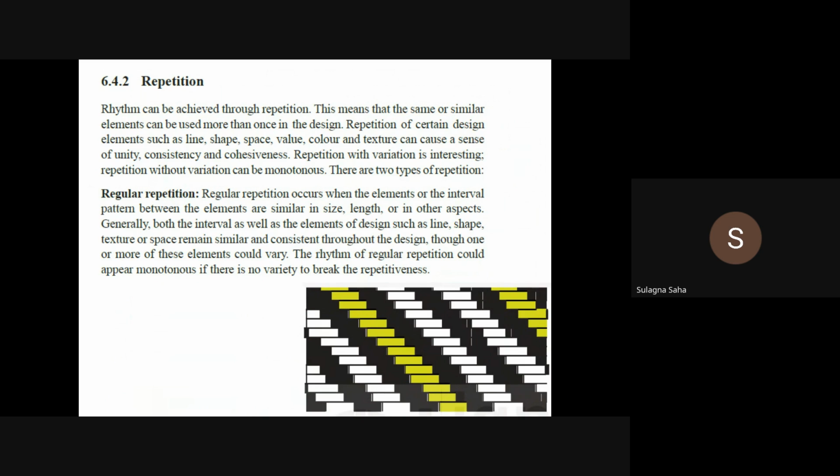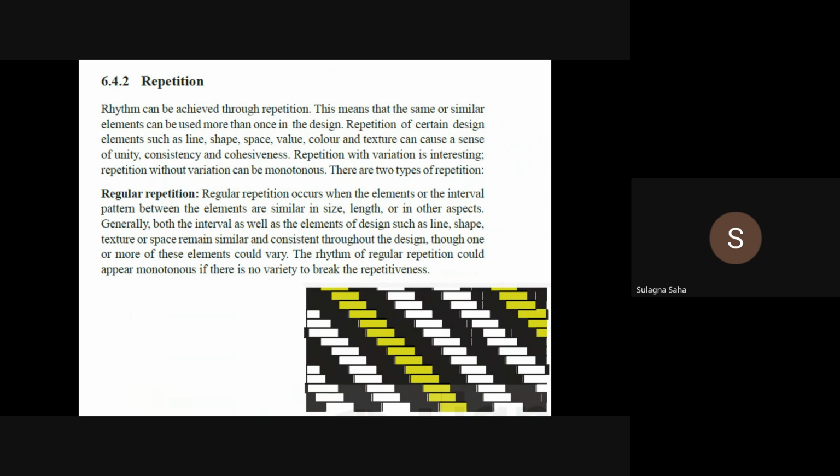So repetition of certain design elements such as line, value, color, and texture can cause a sense of unity, consistency, and cohesiveness. Repetition with a variation can be interesting. Without variation, it might become monotonous.